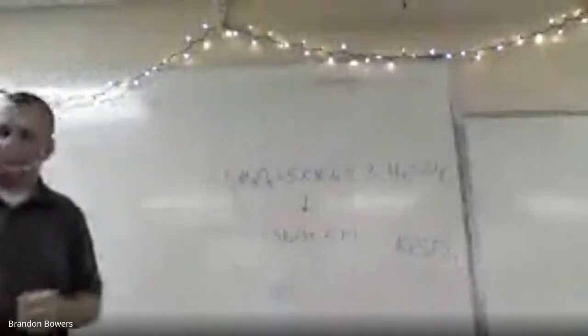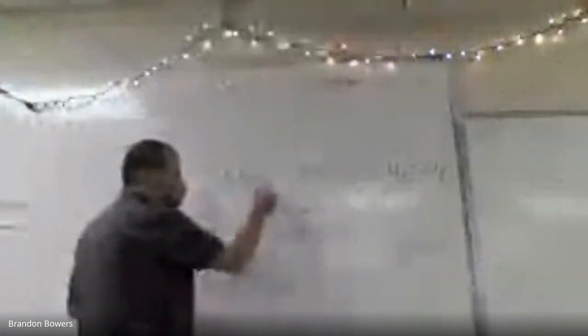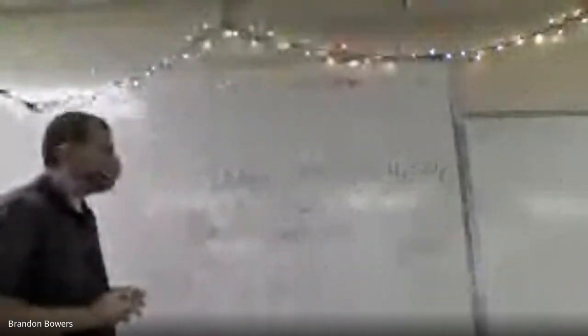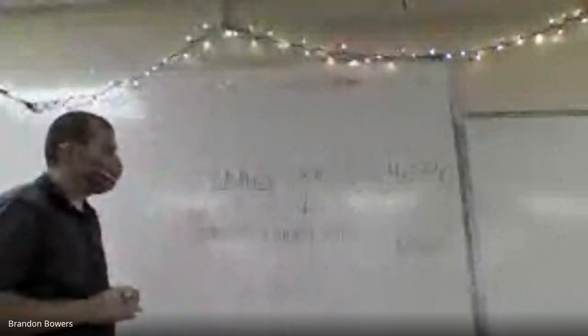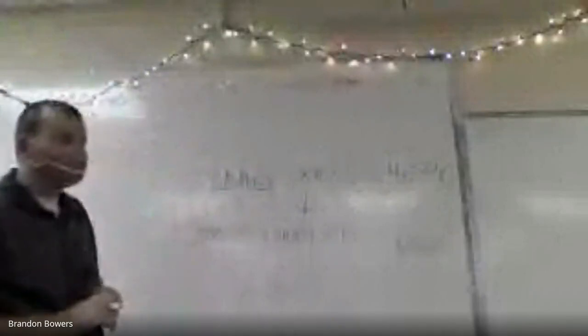Okay? So the shortcut, let's talk about shortcuts. What is oxygen always in a compound going to be? -2. So I'm not worried about the oxygen. What is the first column always going to be? First column is always +1.